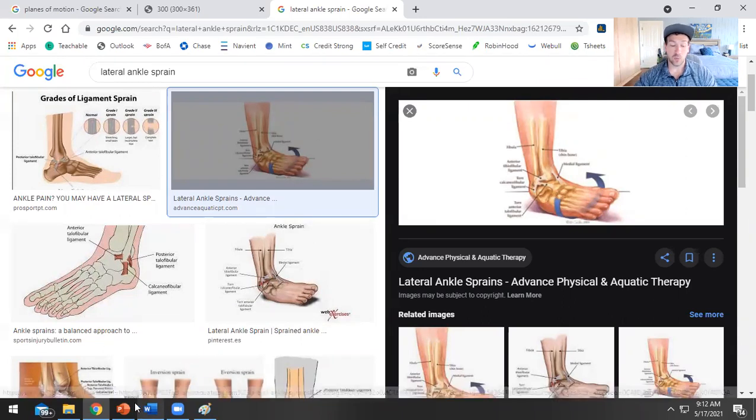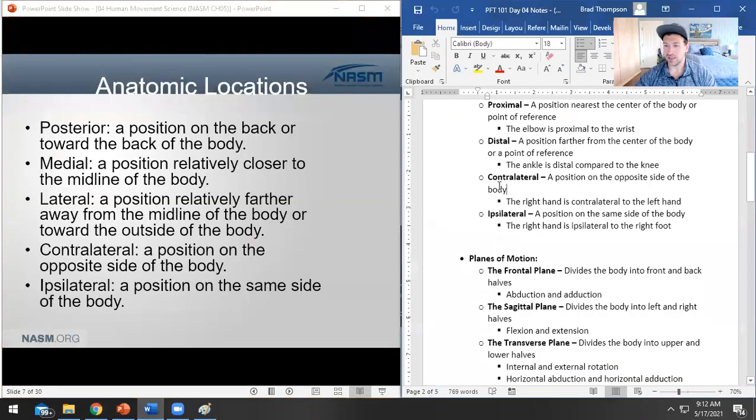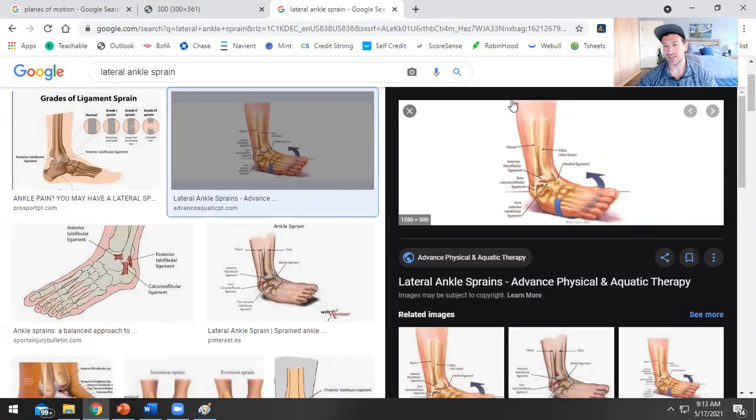We know one of the ways we use contralateral, ipsilateral is that lateral ankle sprains often result in ipsilateral glute weakness. So what will happen is the glute on the same side as that ankle, basically because they are babying their ankle and they're not stepping very hard, they end up losing a little bit of glute strength.